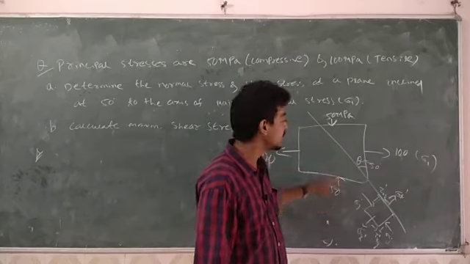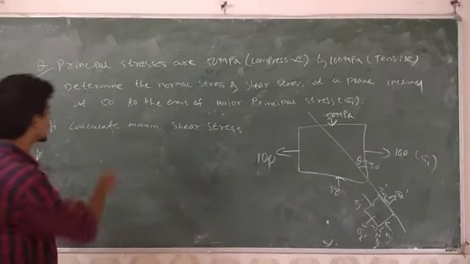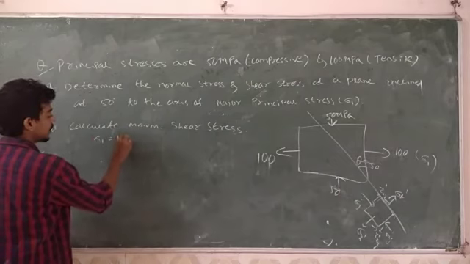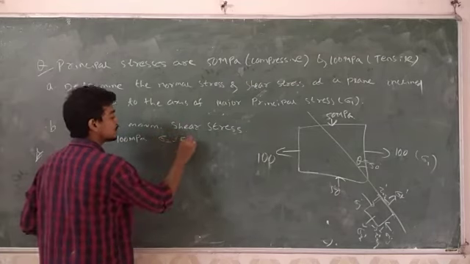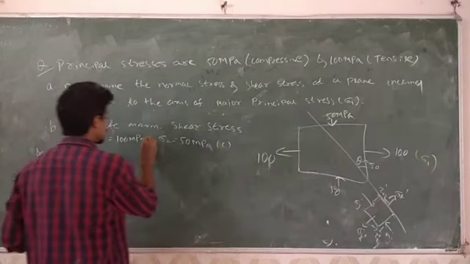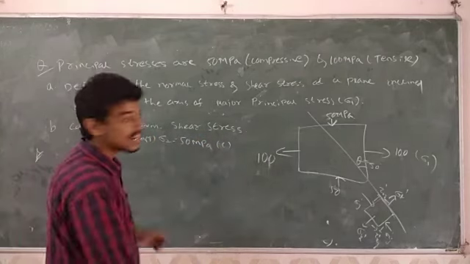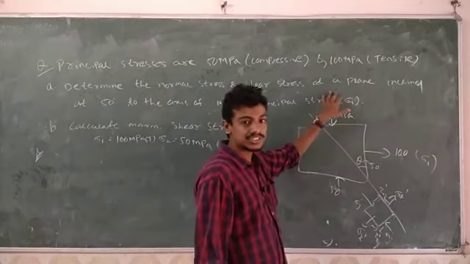We will give the direction like this, okay. After that, the given data is done. Sigma 1 is 100 megapascal, sigma 2 is 50 megapascal, that is compressive, here tensile. What is asked? Determine the normal stress and shear stress.